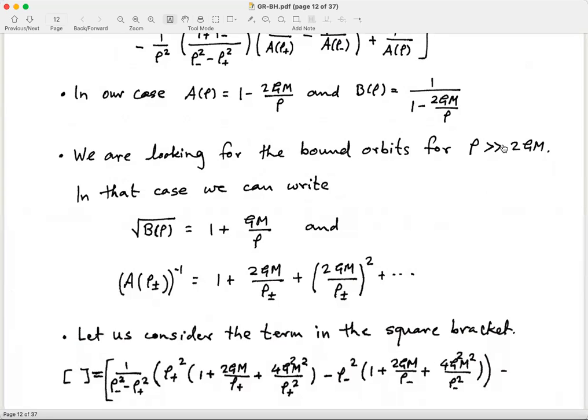In the case of a black hole, this may not be true. You may actually be able to access regions where rho is of the order of GM. You may even be able to access a region where rho is less than 2GM. Not classically, of course, but if you want to study quantum gravity, you may want to ask what happens when rho is less than 2GM, and whether you can make sense of physics across rho equals 2GM. That is a different point compared to what we are trying to do right now.